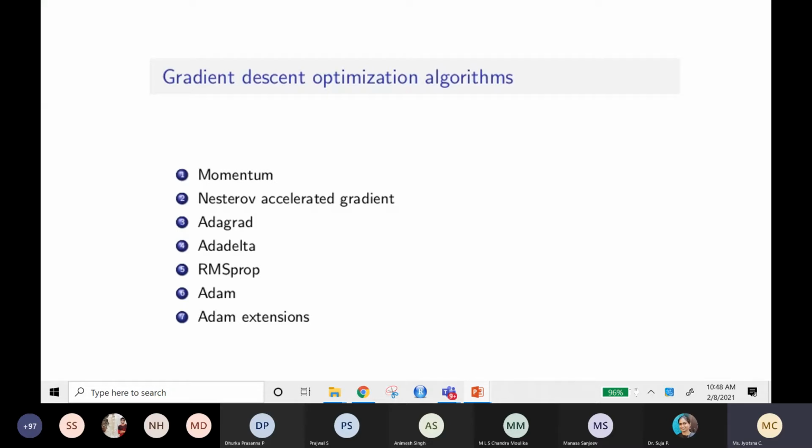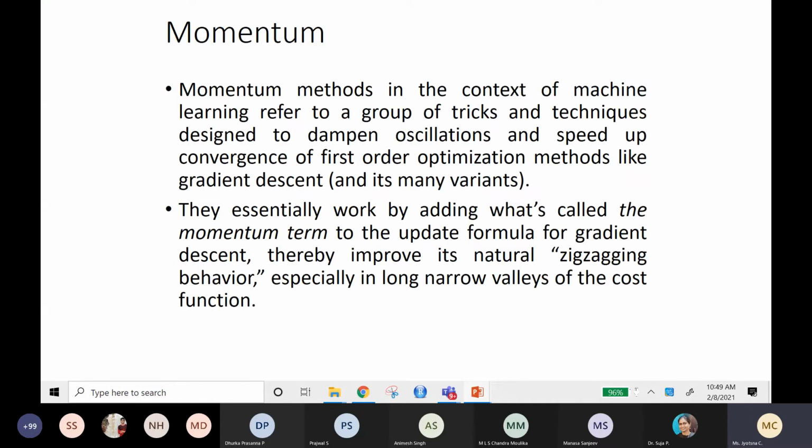We can add momentum, AdaGrad, Nesterov, AdaDelta, RMSProp and Adam as extensions to gradient descent, so that it converges faster and moves in the right direction without missing the local minimum.